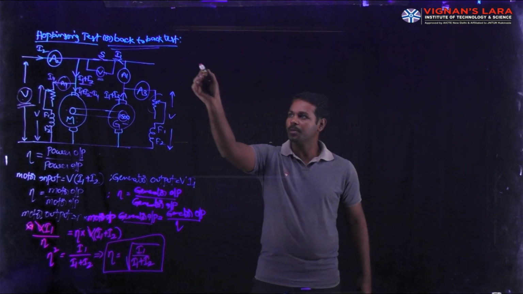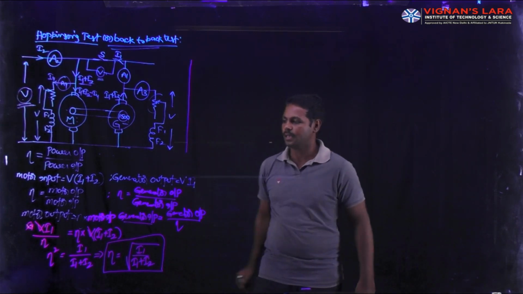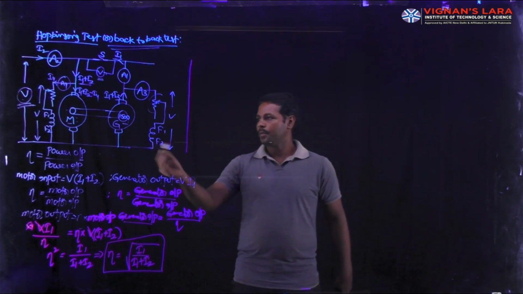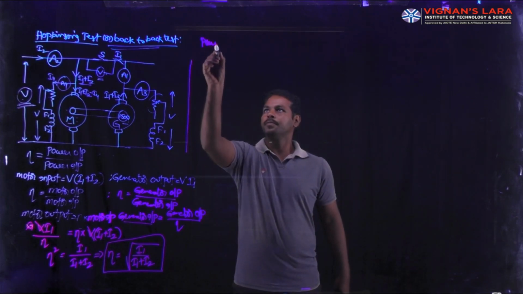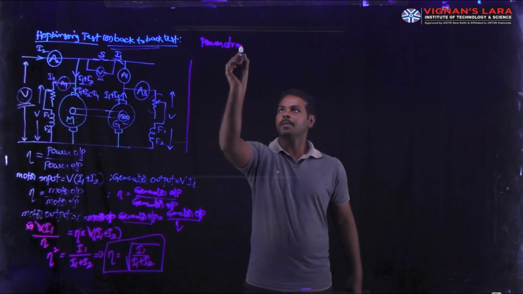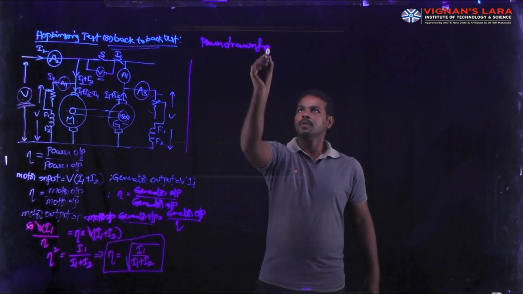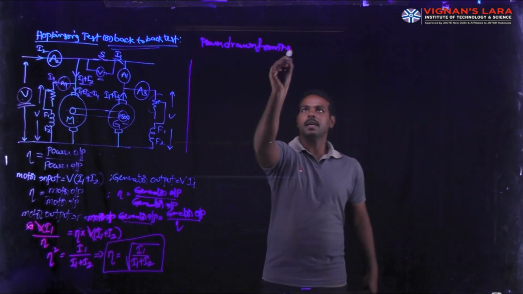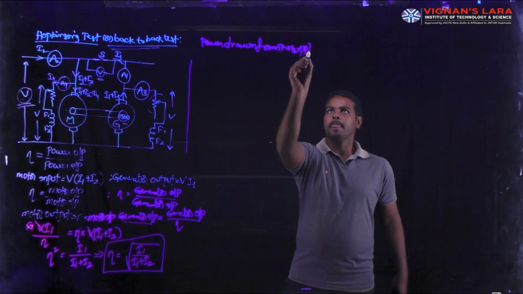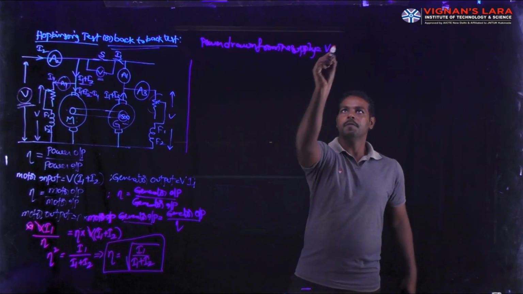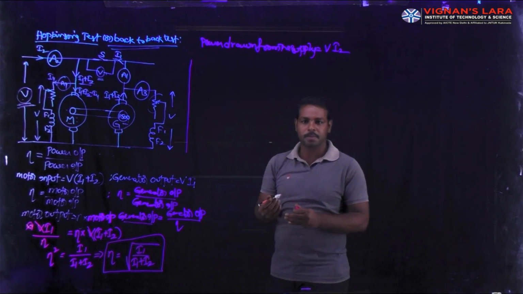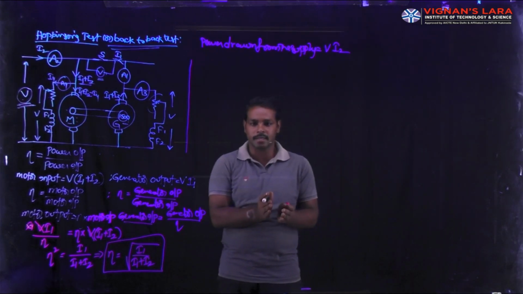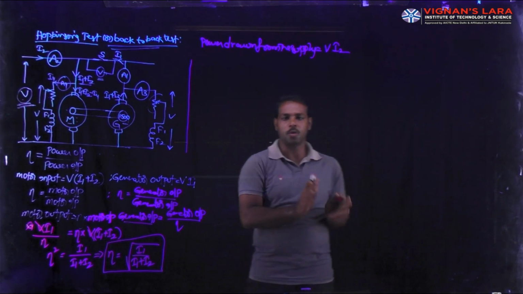To overcome the losses in both machines, the power drawn from the supply is equal to V into I2. This much current is drawn from the supply to overcome the losses in the generator as well as the motor.